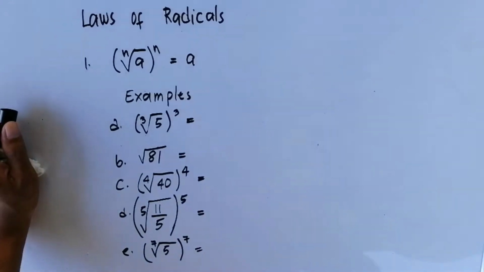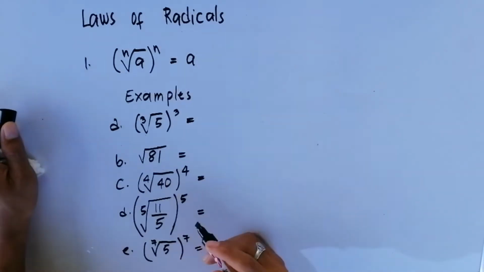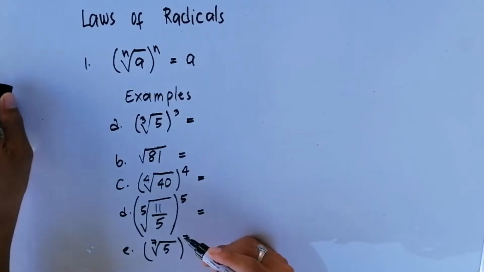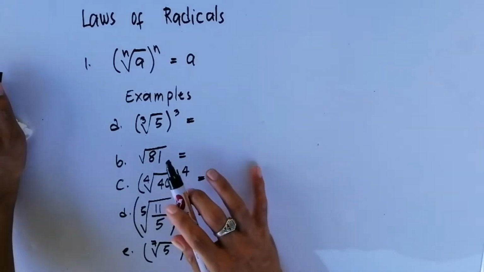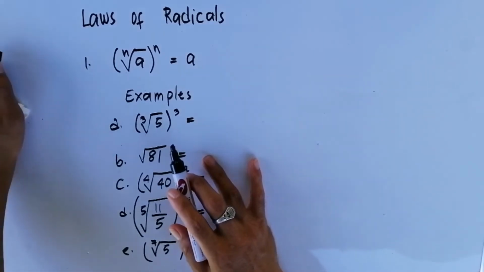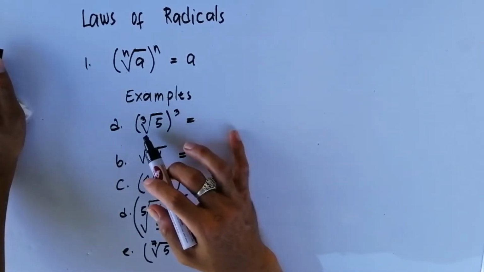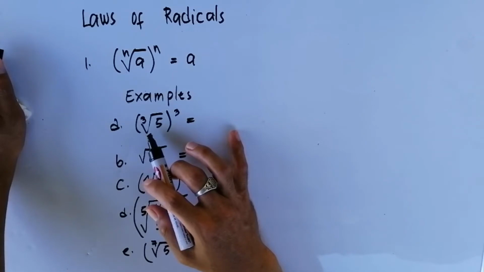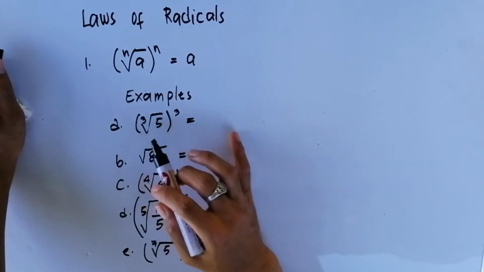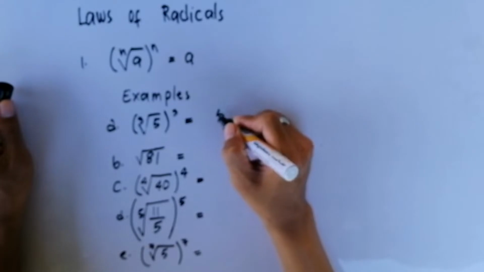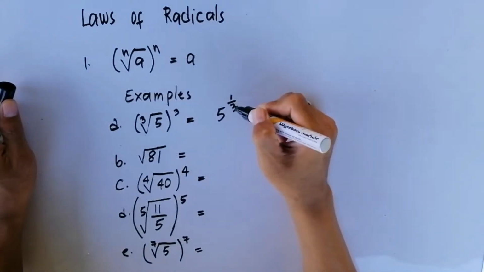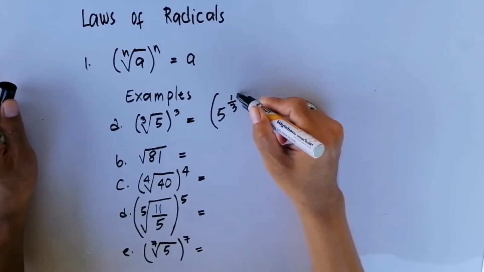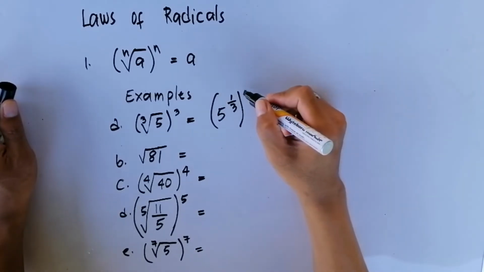Laws of radicals. Number 1: the nth root of a raised to the power of n is equal to a. Examples. A, the cube root of 5 raised to 3. We can change this expression from radical to exponential. The cube root of 5 is 5 raised to 1/3, and raised to 3.